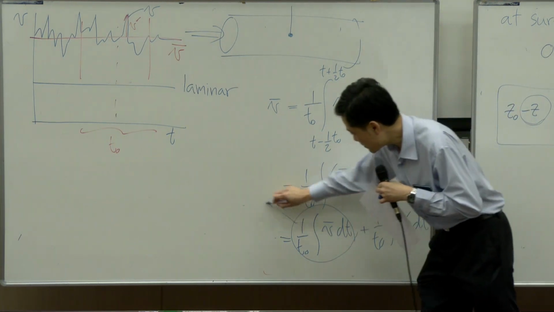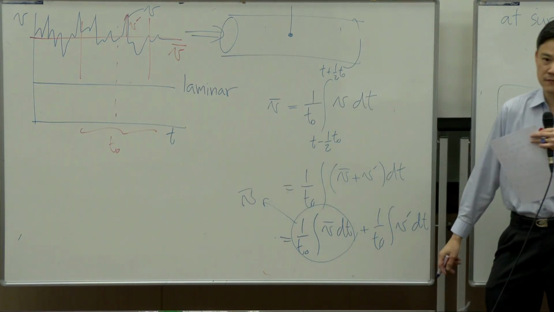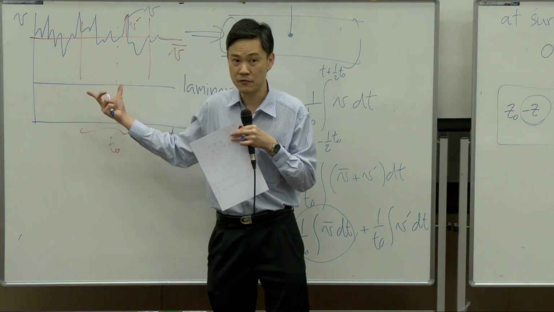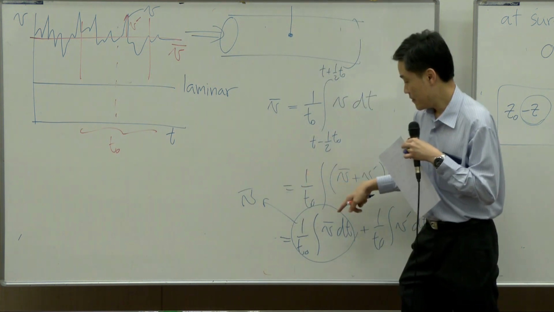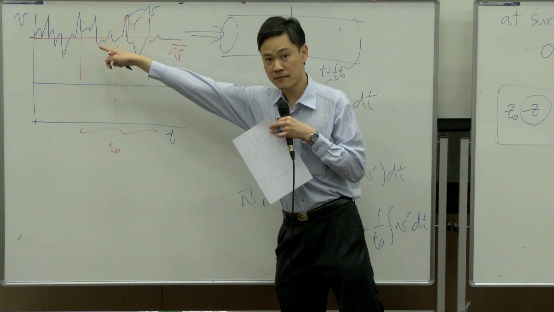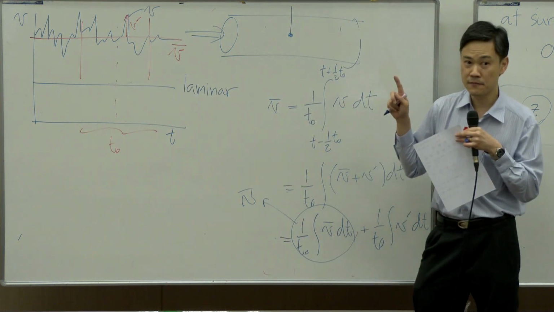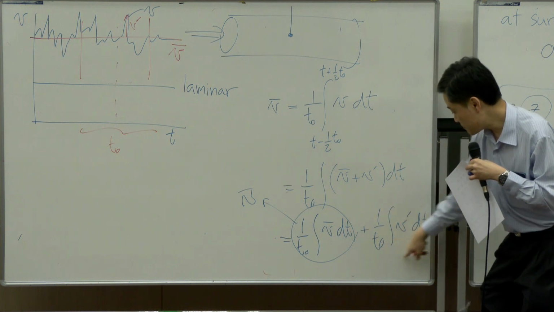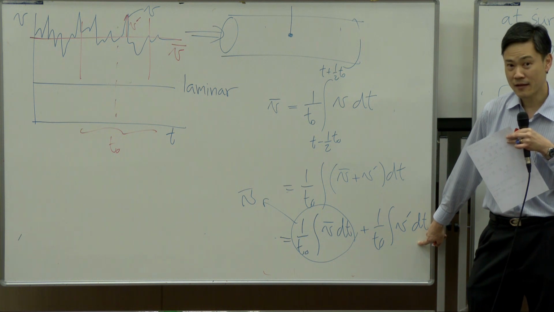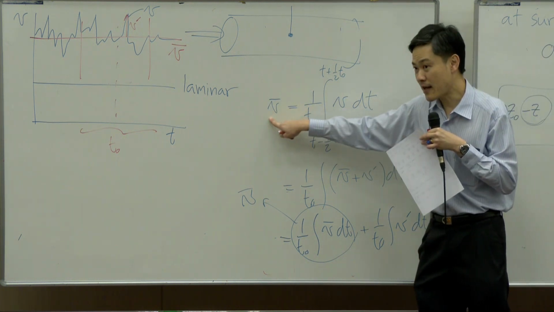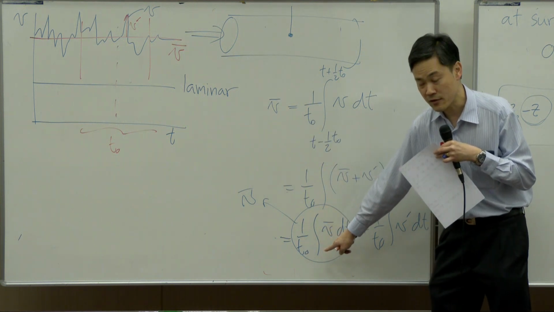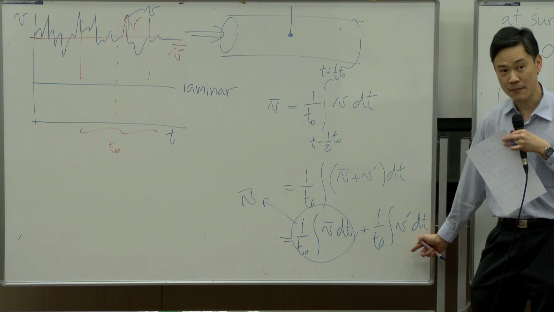This whole term is basically average itself, just like when you take the average of laminar, you get the same value. So this first term is the average of the red line, so you get the red line itself. This second term is supposed to be 0, right? Because the left-hand side of this equation is V bar. This term is V bar by definition. So this term, mathematically, must be 0.